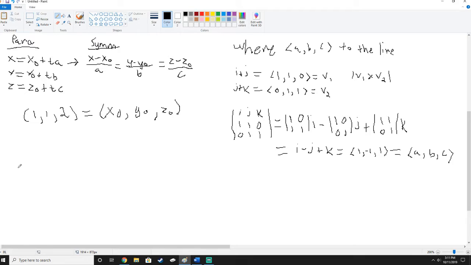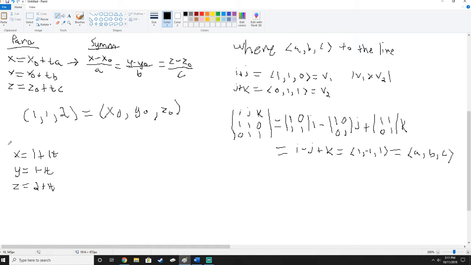So our parametric equations should come out to x equals 1 plus 1t, y equals 1 minus 1t, and z equals 2 plus 1t.